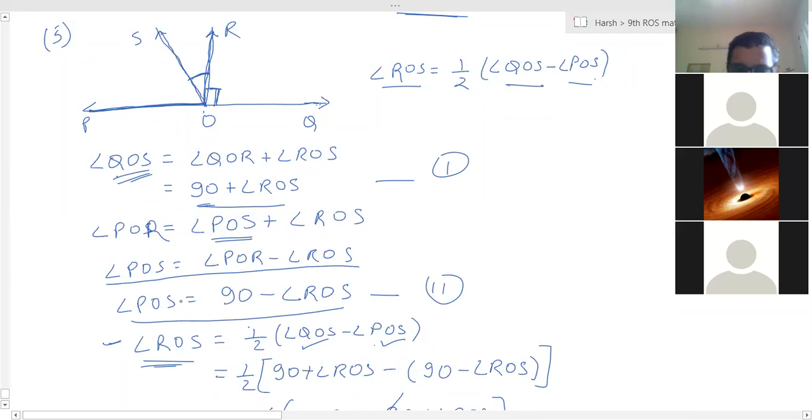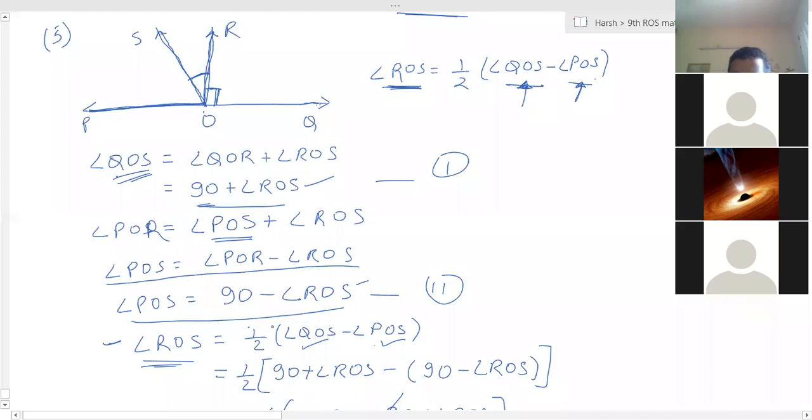You got POS, you got QOS in terms of ROS. Sir, this was your objective, no? ROS you have to find out. So what she did, she changed QOS in terms of ROS. She changed POS in terms of ROS, and now she replaced. Is it clear?